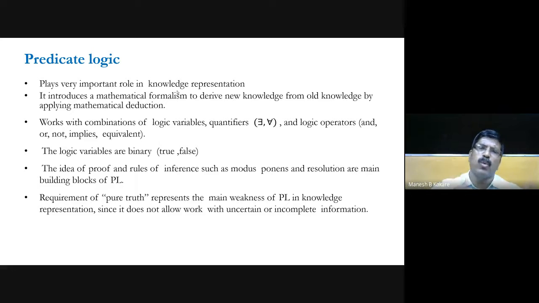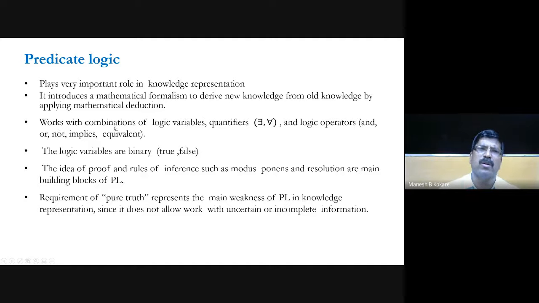Along with this binary, you can do operations like arithmetical operations. You can do logical operations like, for example, ANDing or ORing, or not, or implies, or equivalent. So it introduces mathematical formalism to derive new knowledge from old knowledge by applying these operations.